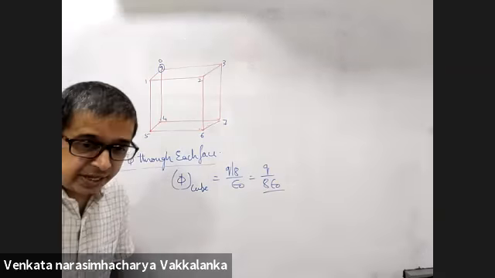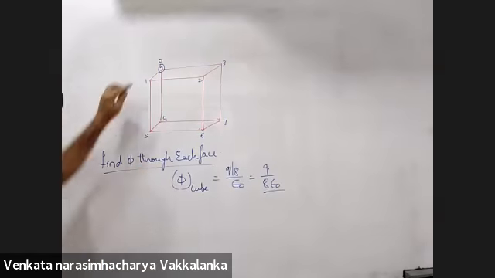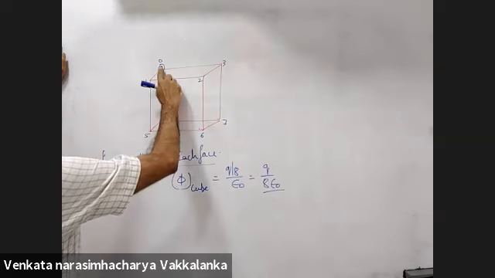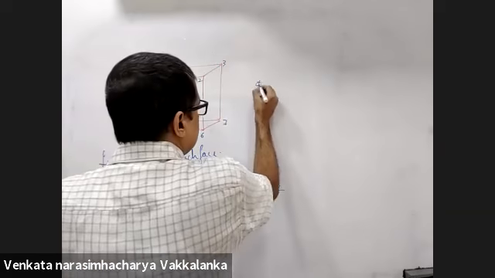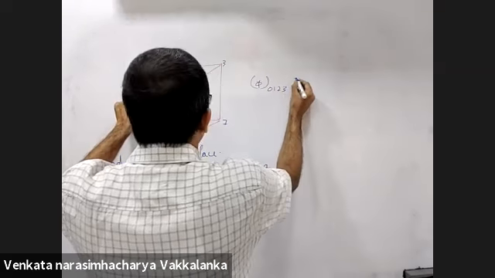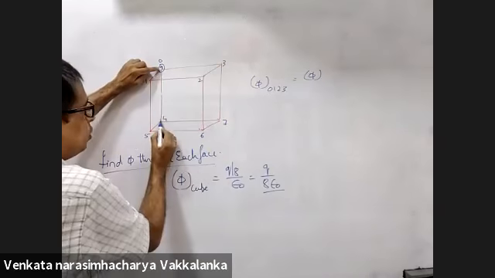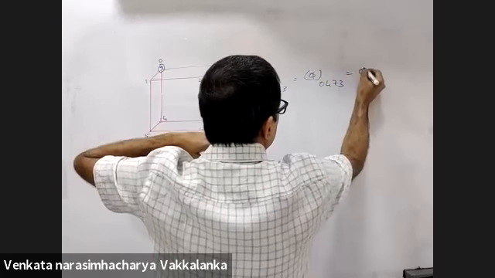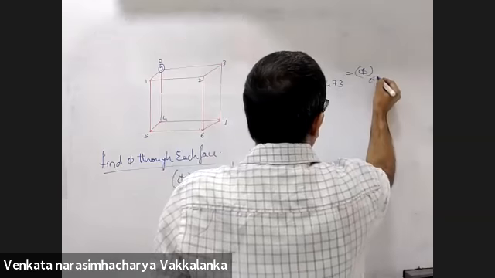Now watch out for the next step. If you take this charge, field lines from this charge will go parallel to 0, 1, 2, 3. Flux through 0, 1, 2, 3 will be equal to flux through 0, 4, 7, 3 and through 0, 1, 5, 4.